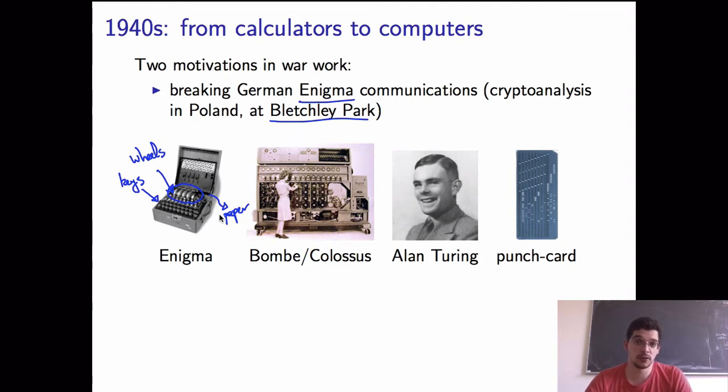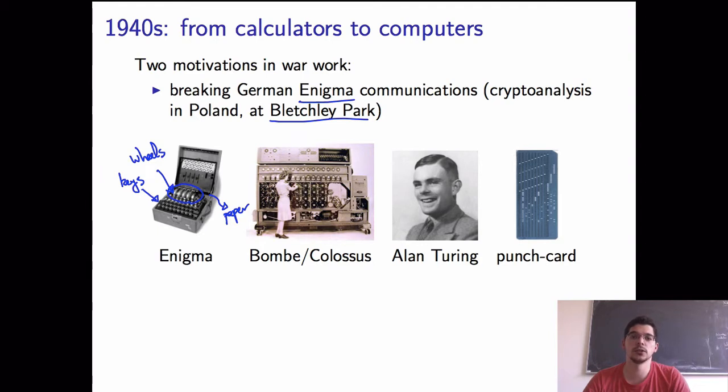What they did know, however, is that the Germans were communicating certain information consistently. So every day, some guy on his submarine would send some kind of weather report so people in Europe would know what weather was coming. Things like this. So they knew that they should be looking for certain words, greetings also.